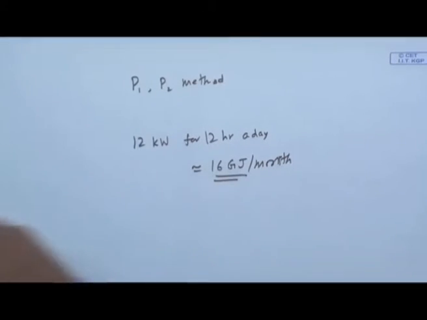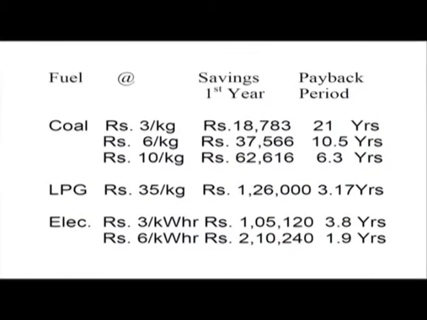So, if I use coal at a certain efficiency of 80% or 70%, the yearly saving is so much and the payback period is 21 years, and if it is at 6 rupees a kg, it comes down of course to 10.5 years, and at 10 rupees per kg it is 6.3 years.